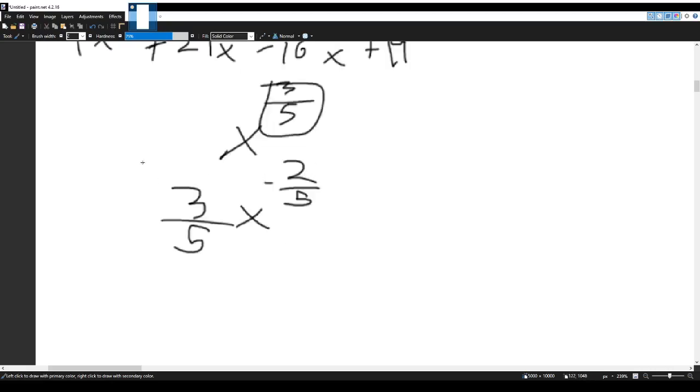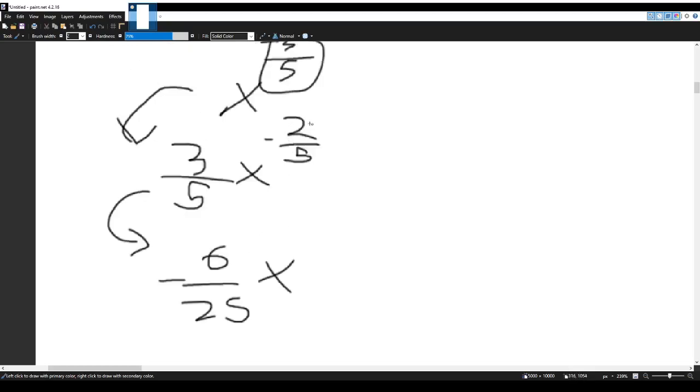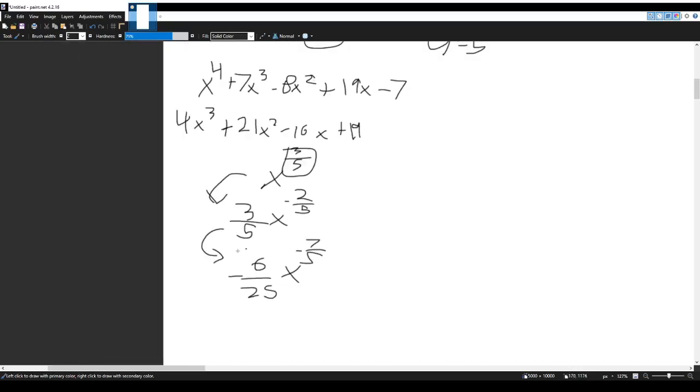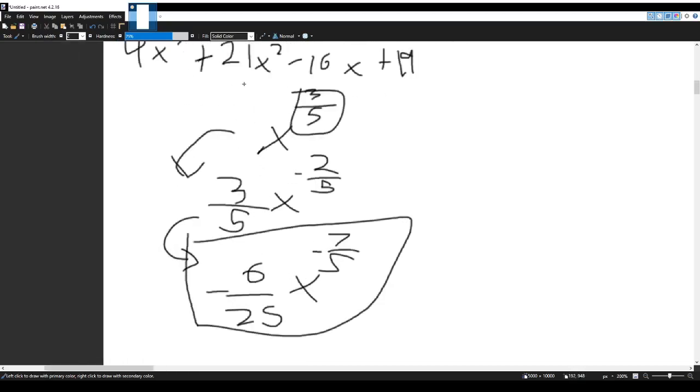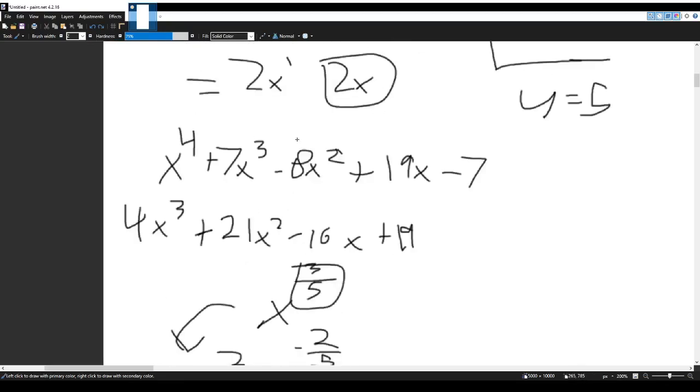And then if I want to take the derivative of this, what I would do is multiply by that, so that'd be negative 6 over 25 x, and then subtract 1 from this. So negative 7 over 5, right? And you subtract 1. So if you're negative, you should keep getting more and more negative, basically. And this is the second derivative of this, right? And this is the first derivative of this. So that's the power rule.